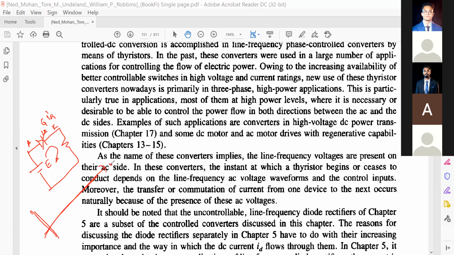Am I correct or not? Suppose we have applied a gate current here, so T1, then up to this there will be no voltage. This will be the output voltage V0. And after that, it will be the same as your E. You understand what I say? Yes, sir. So how to stop this conduction?